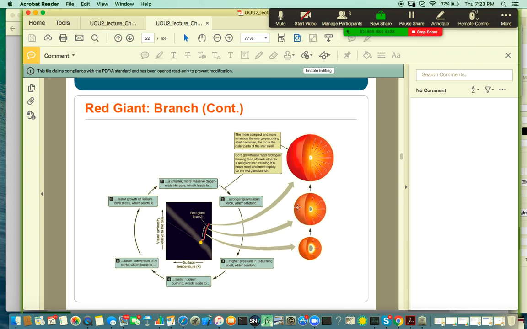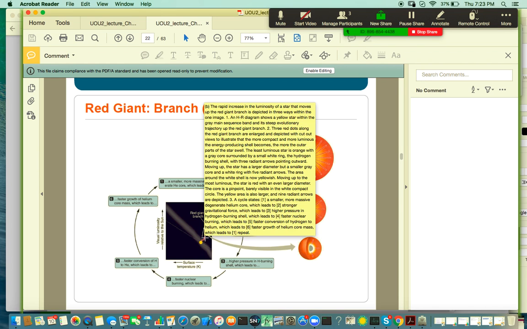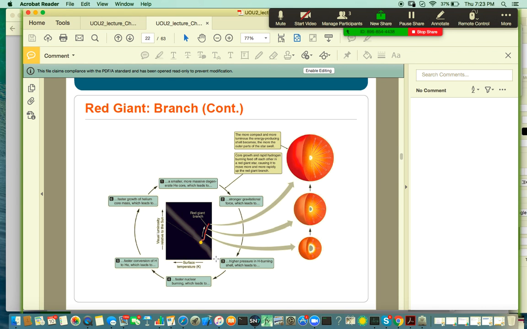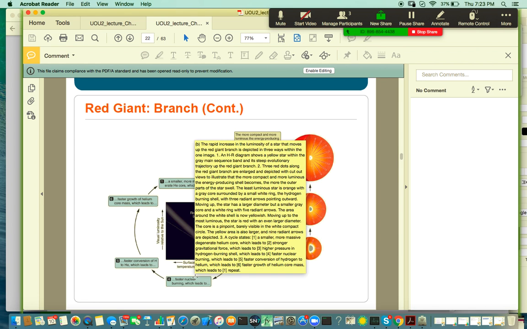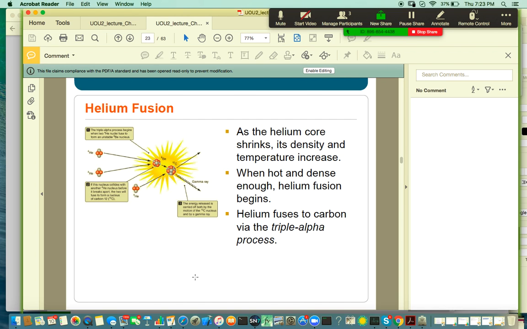So that is the red giant phase. The star comes out of the main sequence and then rises up in the HR diagram by reducing its surface temperature and increasing its luminosity, because now it's getting too big.